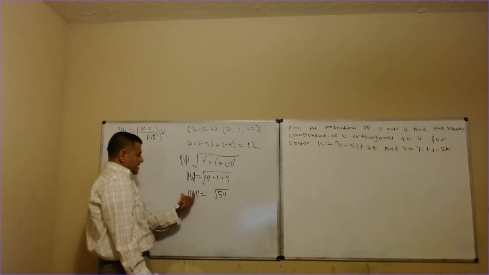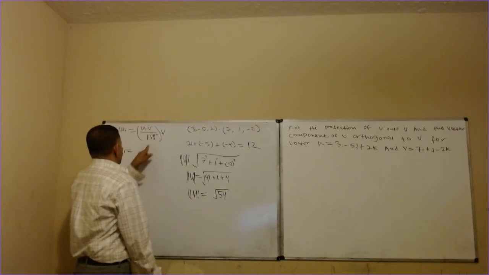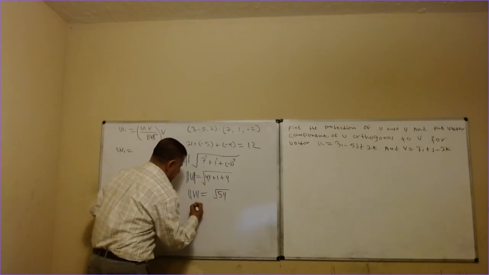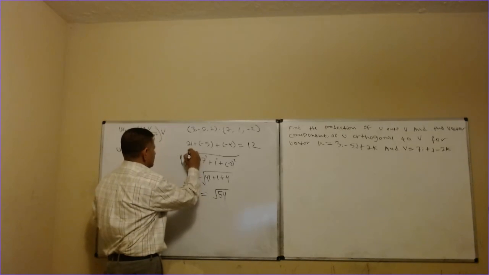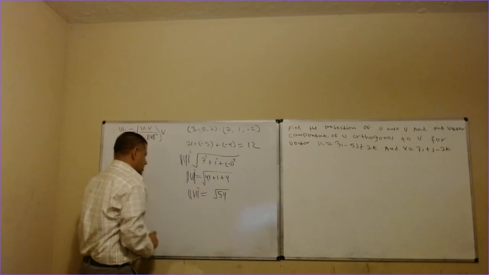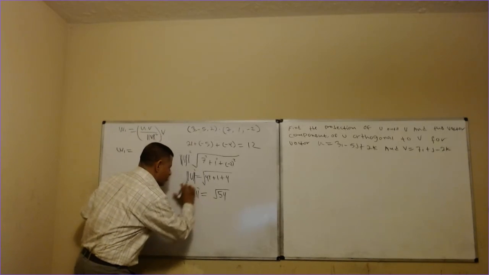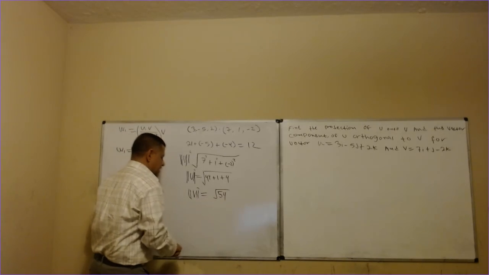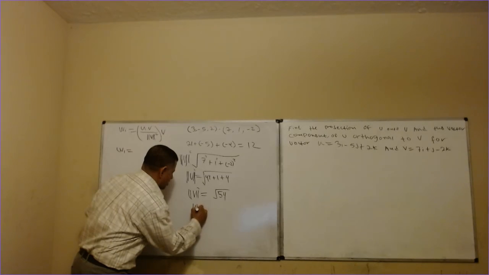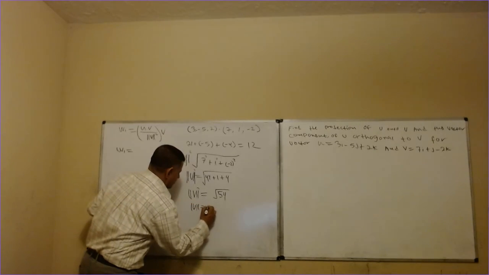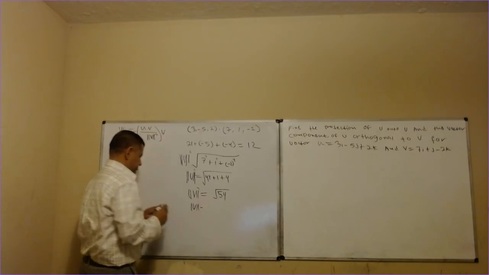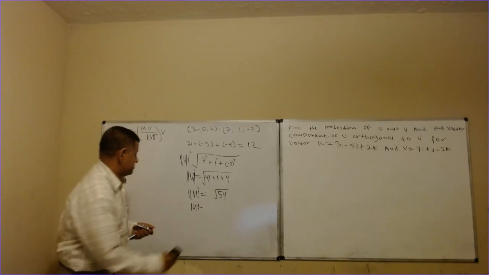Now, remember, this is being squared, because that's what the formula says. I need to square that. So let me just put it like this, just to make sure. If I square this side and I square that side, I get rid of that square root. Let me do it step by step so you can see it.